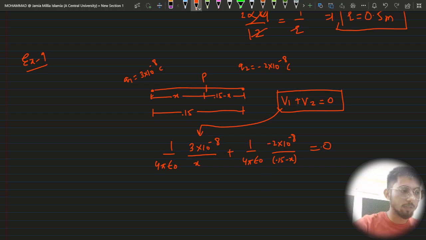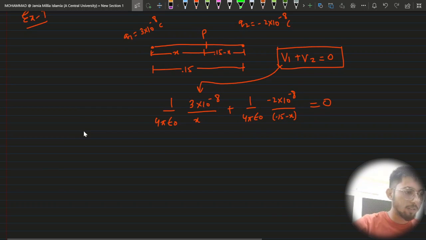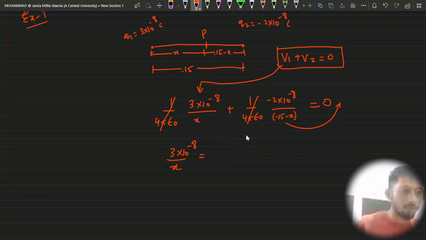Now just solve this. We can take out the common factor, and it becomes 0 on the other side. So we are left with 3 into 10 to the power minus 8 by x equal to minus, and if it goes over here, this becomes plus.